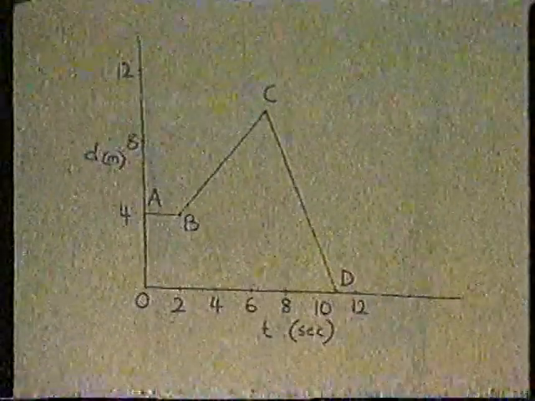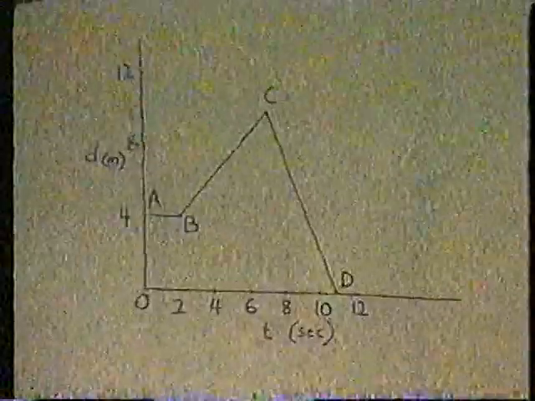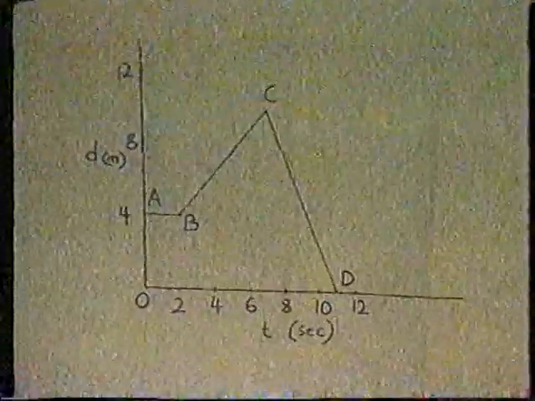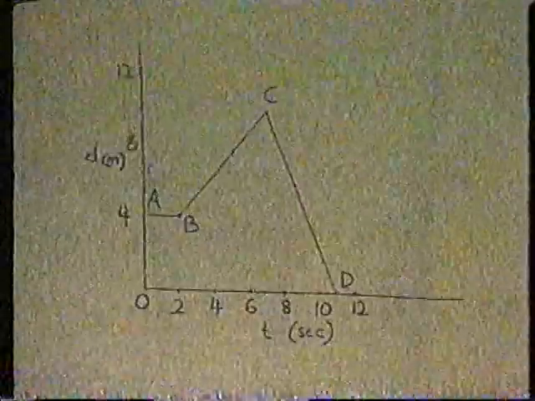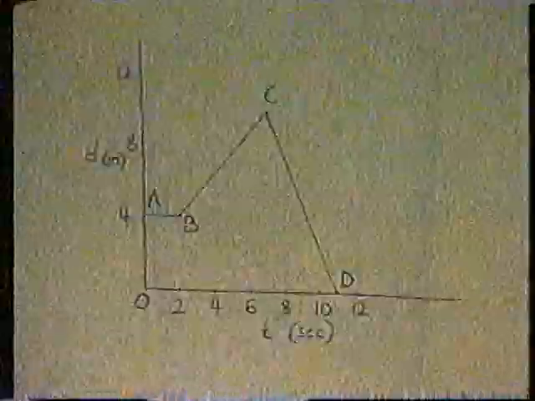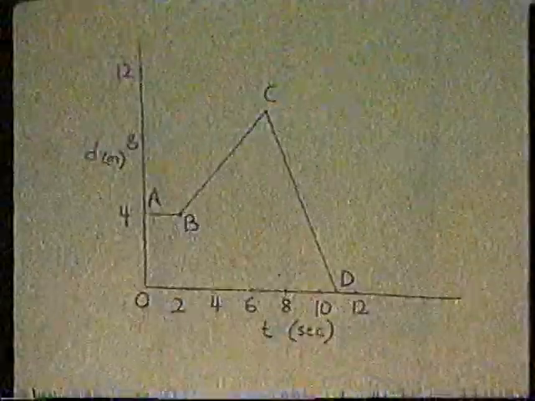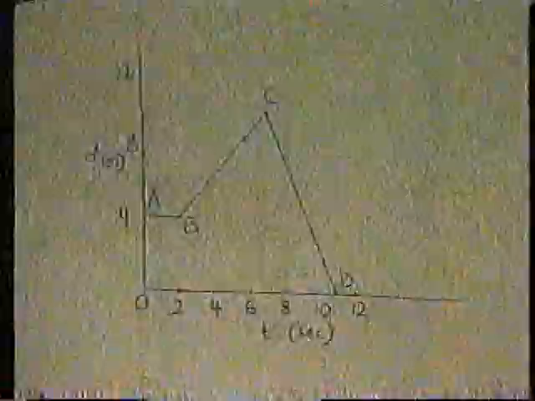Then B, the displacement and the average velocity during the interval B to C. And C, the third item they are to find, the displacement, the average velocity, and the average speed for the whole interval A to D. Viewers, this is the problem of the day.